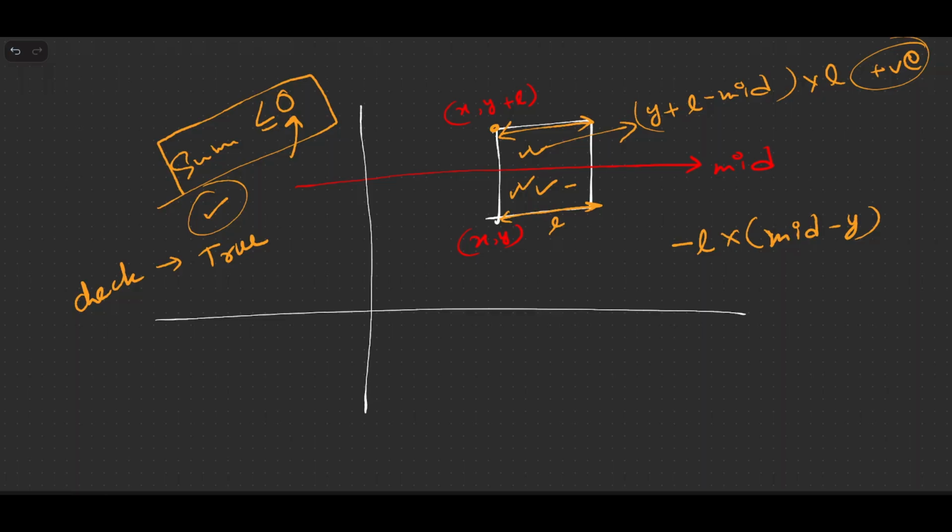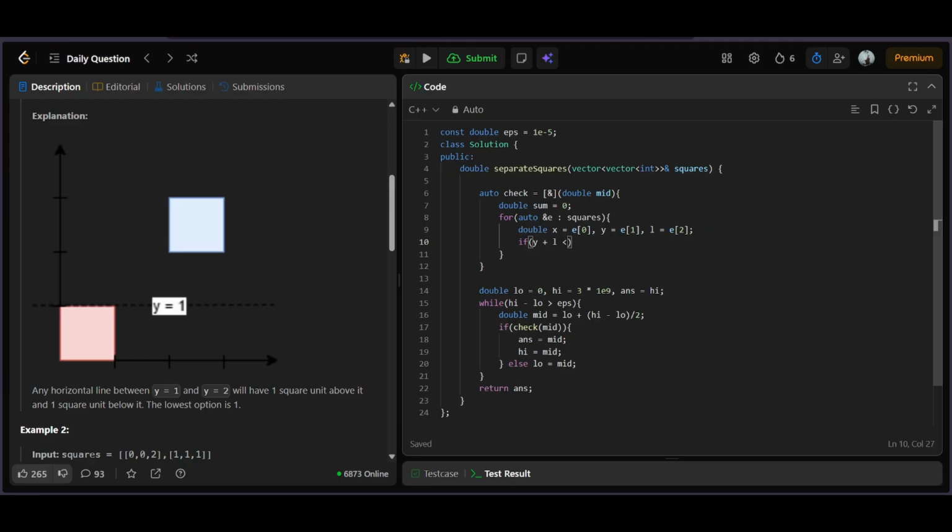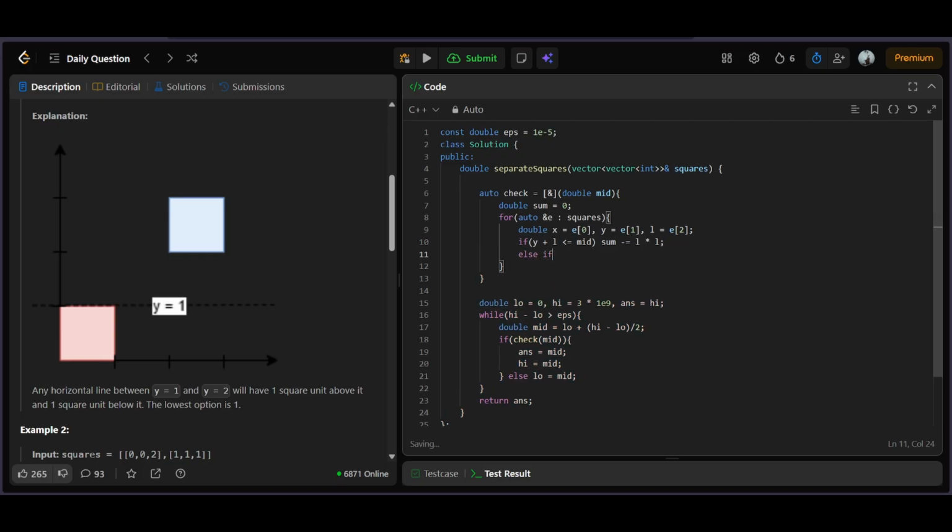Okay, so if that y plus l is less than or equal to mid, then we can say the whole square is below mid, and we can simply subtract from the sum. Else if y is greater than or equal to mid, we will increment the sum.